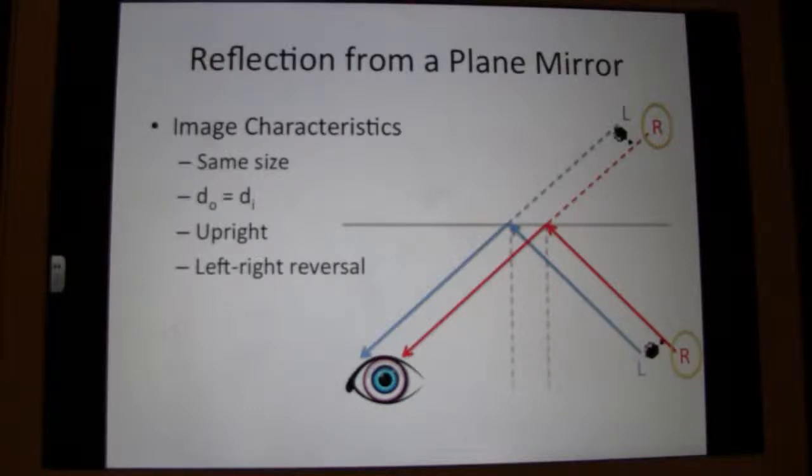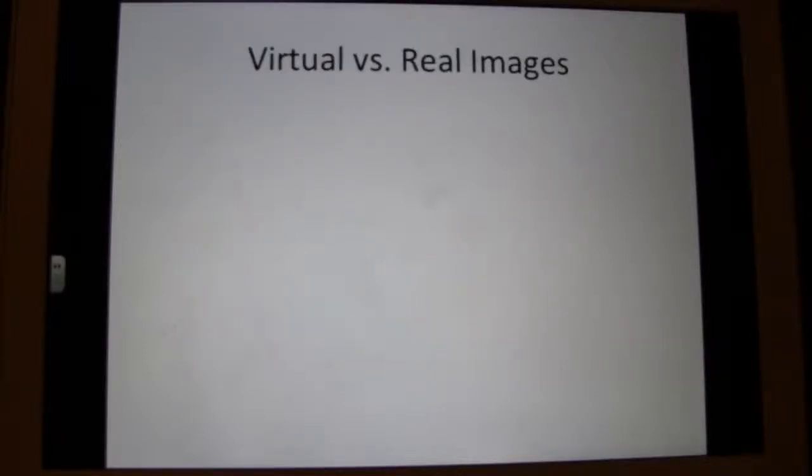Finally, the image is considered a virtual image because it appears to be coming from behind the mirror. Virtual images are not created by actual light rays. So when light strikes a mirror and bounces off, our brains perceive that that light travels in a straight line and is actually passing through and behind the mirror.